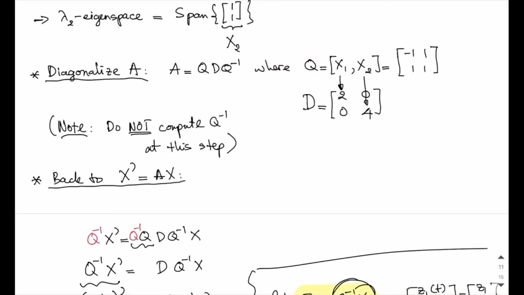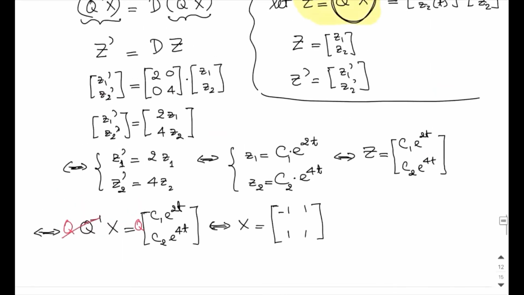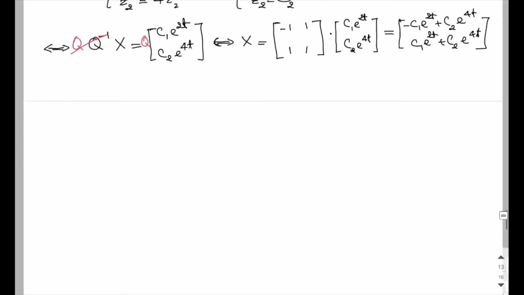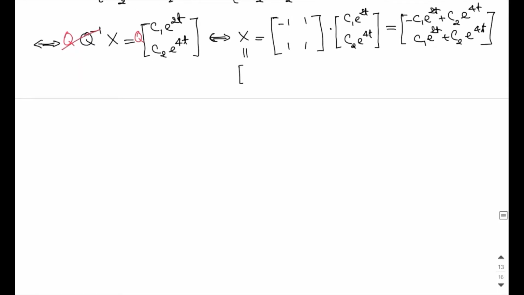Right, so now we are going to utilize that. And we multiply the Q with C1 e^2t, C2 e^4t. This is going to be equal to negative C1 e^2t plus C2 e^4t, and C1 e^2t plus C2 e^4t. Remember, x is just another way of writing x1 and x2 in a column.